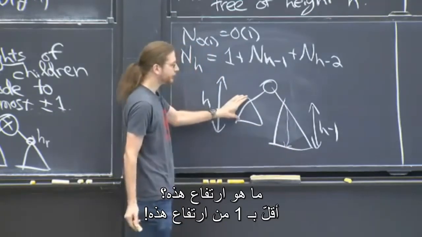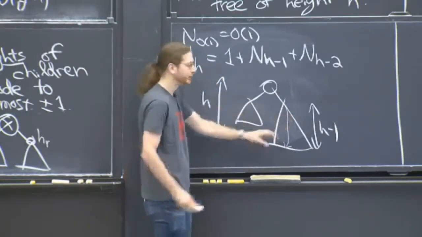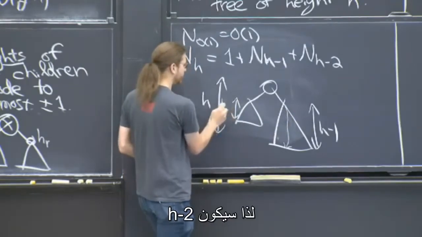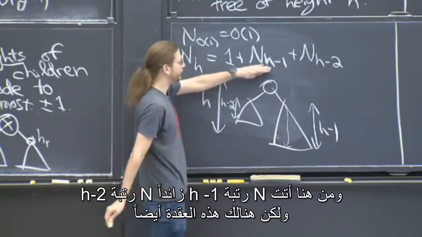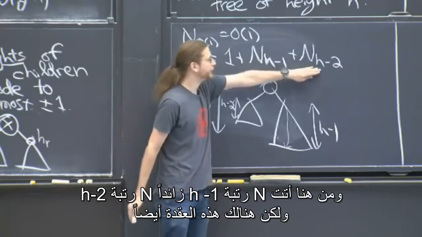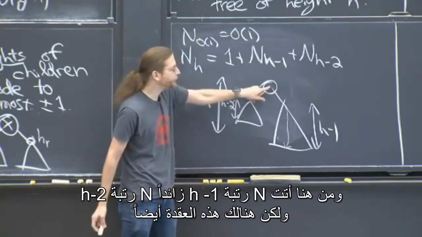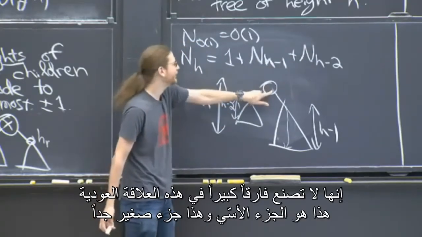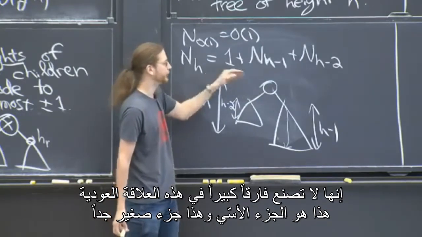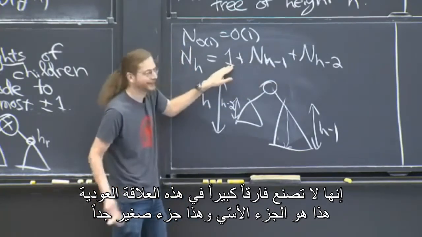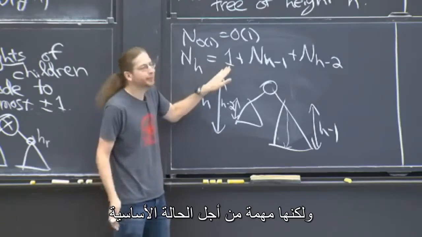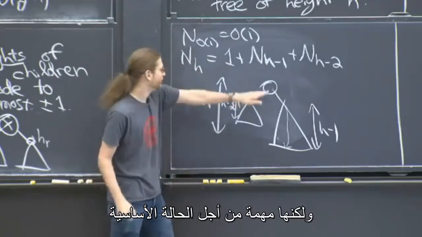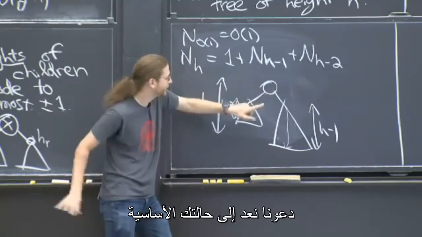What's the height of this? Well, it's 1 less than the height of this. So it's going to be h minus 2. This is where the n sub h minus 1 plus n sub h minus 2 come in. But there's also this node. Okay? Doesn't actually make a big difference in this recurrence. This is the exponential part. This is like an itty-bitty thing. But it matters for the base case is pretty much where it matters. So back to your base case.